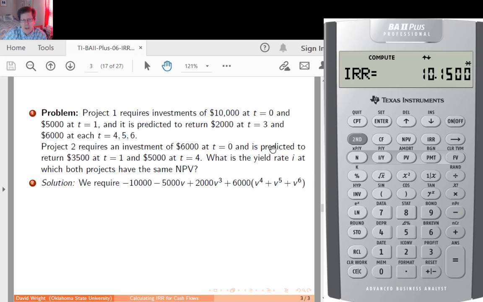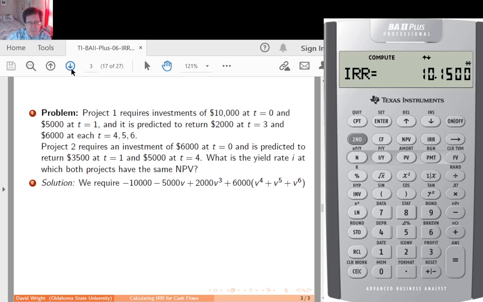And so the present value of the first project is minus 10,000, that's the initial investment, minus another 5,000 at time 1, and then 2,000 at time 3, 6,000 at time 4, 5, and 6. So using the discount factors, that's what it turns out to be.